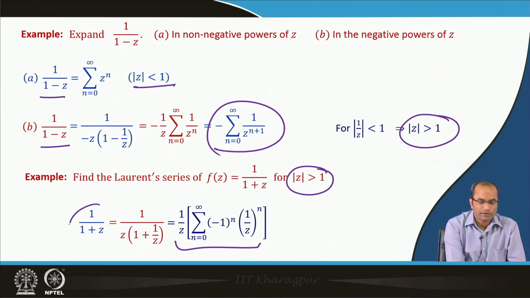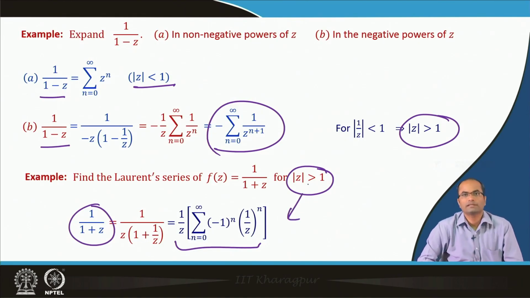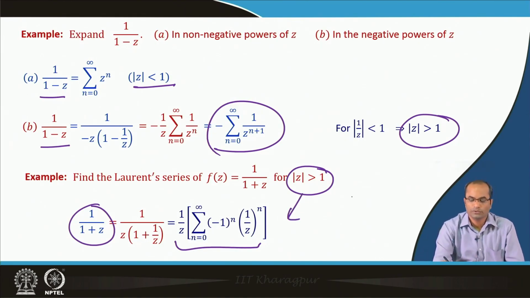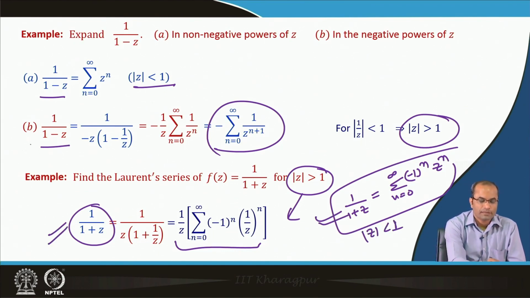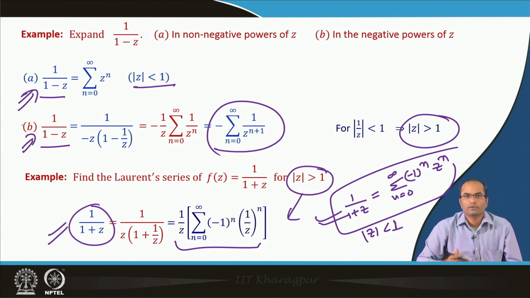Another one is 1 over 1 plus z, valid for mod z greater than 1, and we also have the Taylor series expansion of 1 over 1 plus z, which is simply the sum n from 0 to infinity of minus 1 power n and z power n, valid here for mod z less than 1. So these four expansions will be used now for representing many functions in terms of the Laurent series expansion.